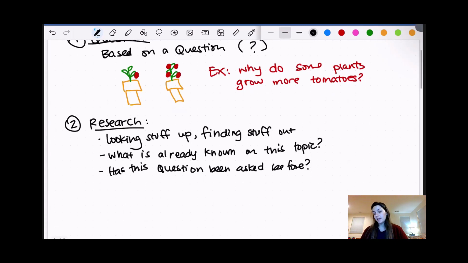So in our example about tomato plants, our research could show us a number of things.